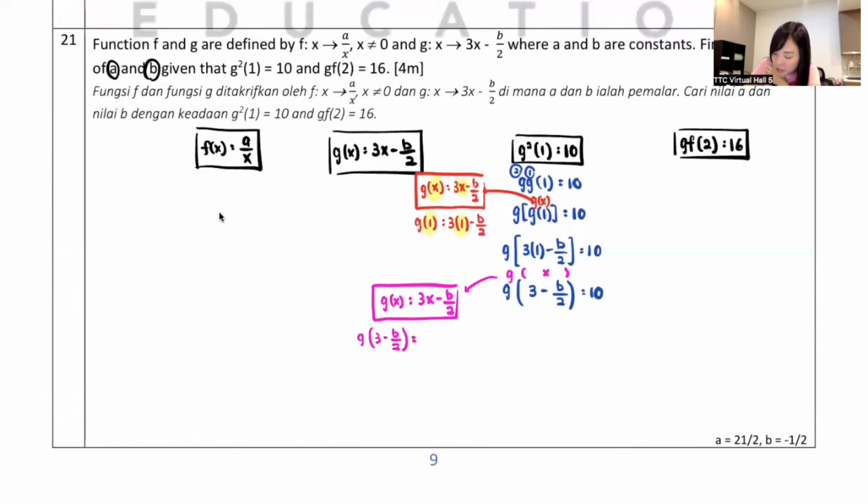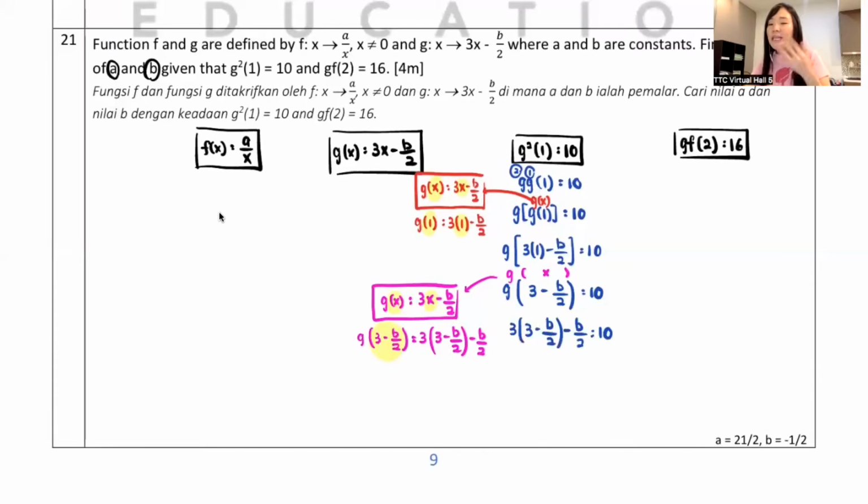So what do you write here? The 3 is still 3. See? The x becomes 3 − b/2. Then this x also becomes 3 − b/2. The behind part is still − b/2. All right, nicely for you guys: 3(3 − b/2) − b/2.